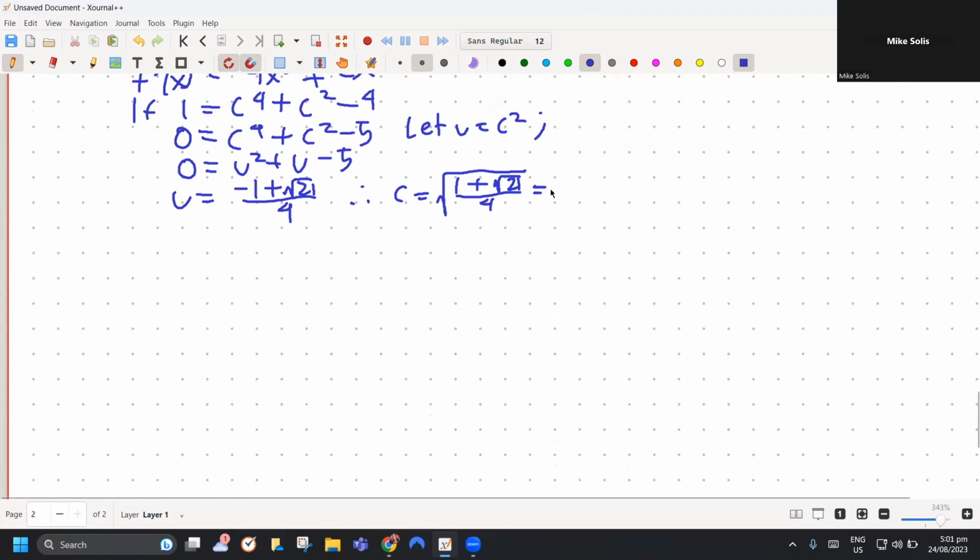Okay, so sige. So, balik tayo sa equation solver na quartic. Tapos 1 0 1 0 negative 5.